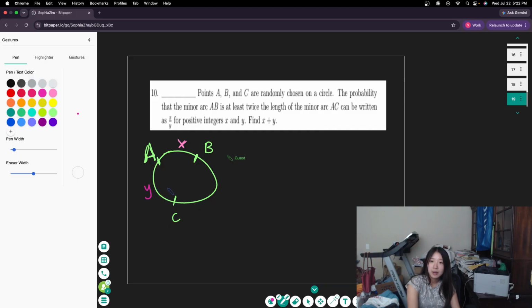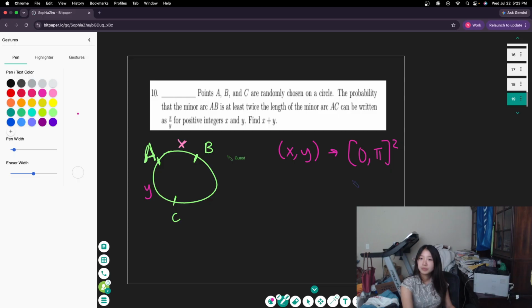Then we know that since the minor arc is always the shorter arc, both x and y are between 0 and pi. And so the problem essentially becomes, we pick x, y from this range, 0 to pi squared, and we want the probability that x is greater than or equal to 2y.